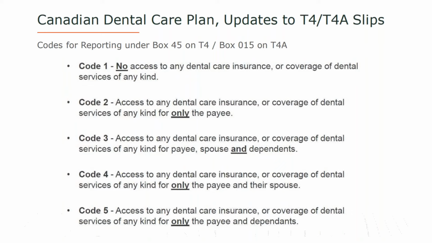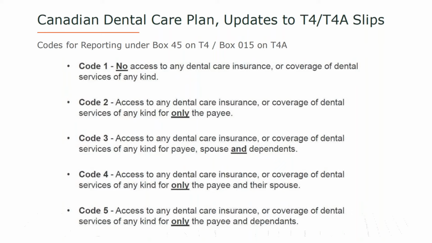The second one is has access to dental care or coverage of dental services of any kind for only the payee. The third code is access to any dental care insurance or coverage of dental services of any kind for payee, spouse, and dependents. So this could be your family coverage.